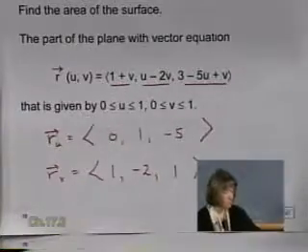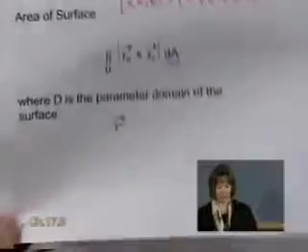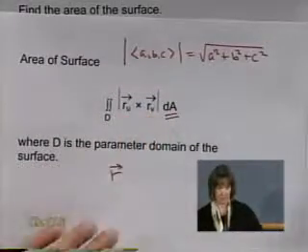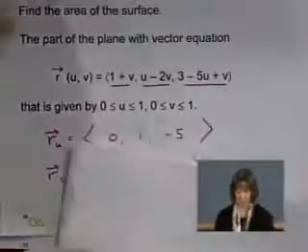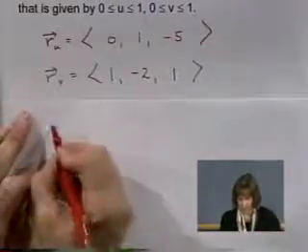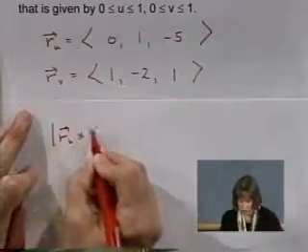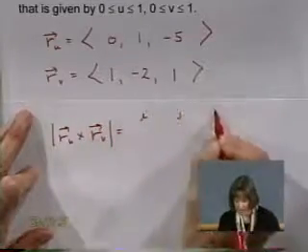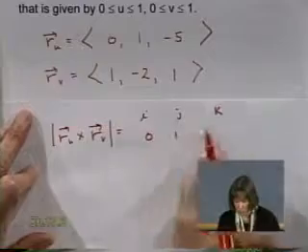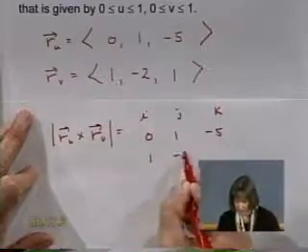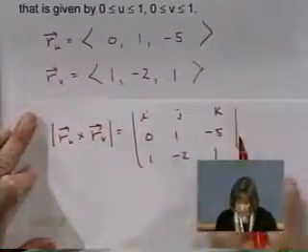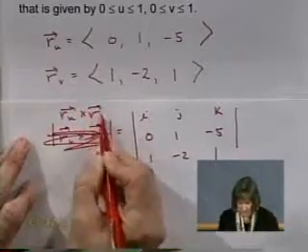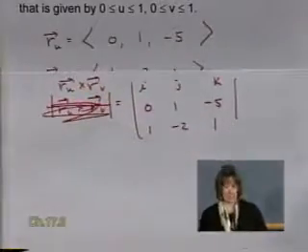Okay, now our formula says we're integrating the magnitude of those partials crossed. All right, so now we've got to do a cross product. We've got to figure out what ru cross rv is. That's i, j, k, 0, 1, negative 5, 1, negative 2, 1. Now wait a minute, I shouldn't say magnitude because right now I'm just doing ru cross rv. I'm getting the vector, not the magnitude.